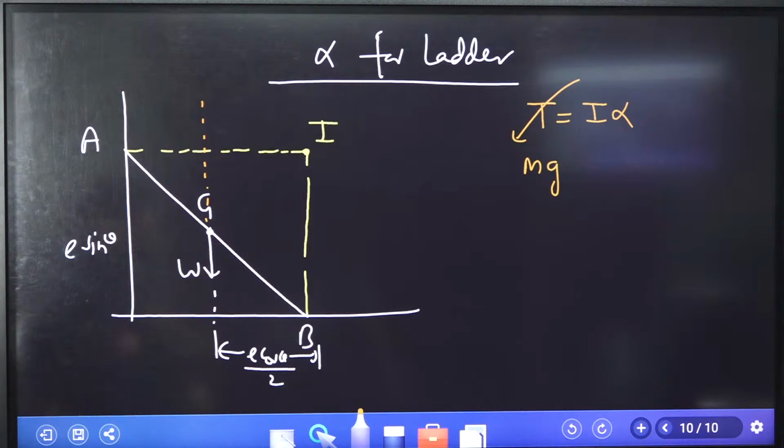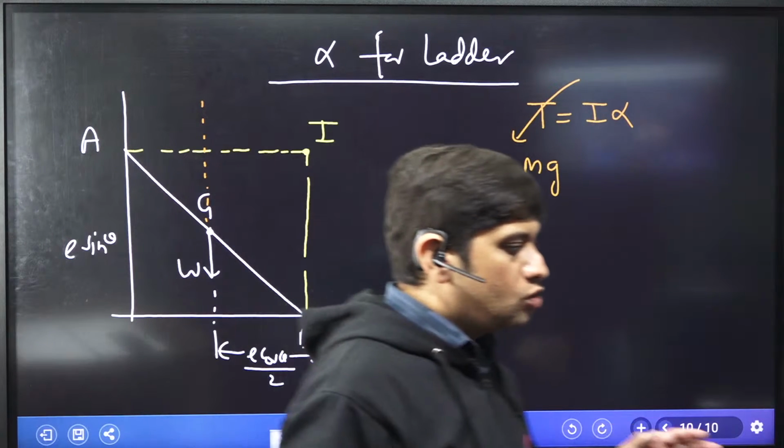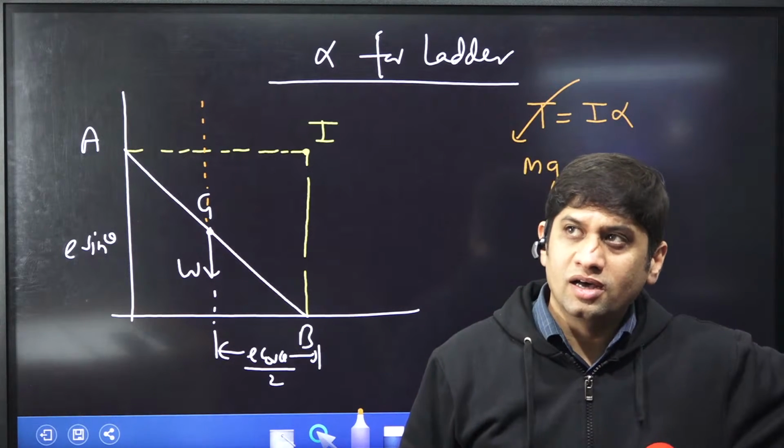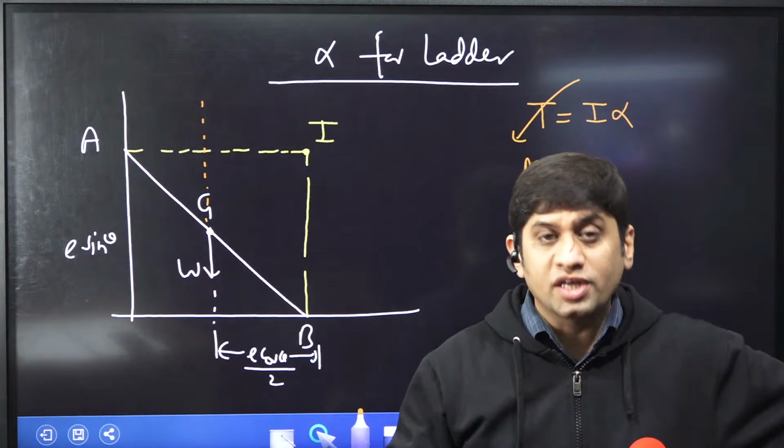So can you calculate the torque acting at the instantaneous center? Torque is equal to force into the minimum distance from the line of action of force from the I center, or from the center of rotation.